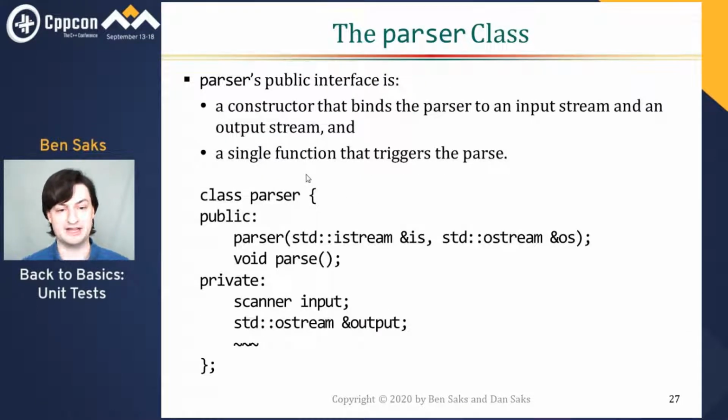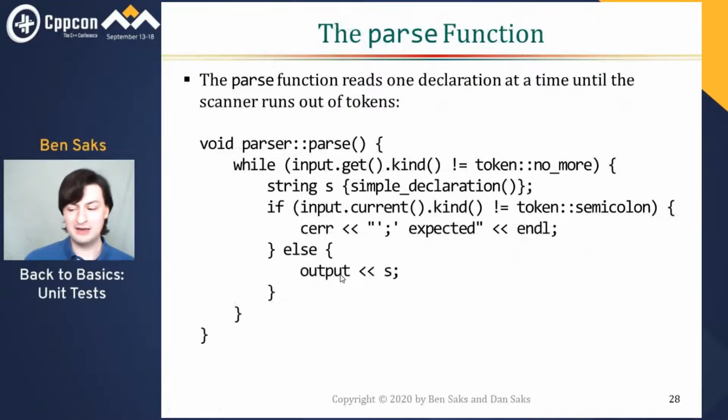The parser class here has a public interface that's just a constructor that sets up the input and output streams for the parsing operation, and a single function here that just triggers the parse to go. Now what the parse function actually does is it can read multiple declarations.